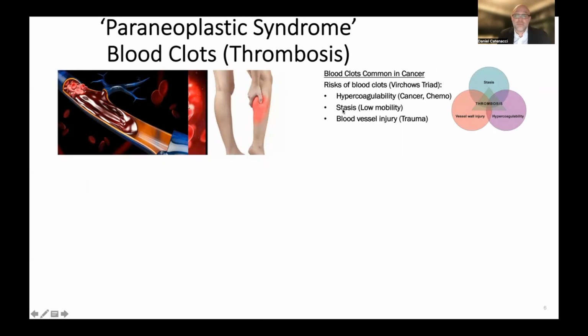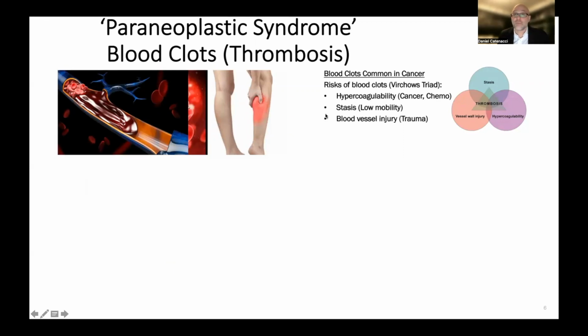One being immobility and blood stasis as a risk factor for clotting, trauma or injury to the actual blood vessels, but then to have a hypercoagulable state. And in this setting here, a hypercoagulable state is from our underlying cancer and factors being secreted from the cancer, but also there are links to actual chemotherapy increasing the hypercoagulable state.